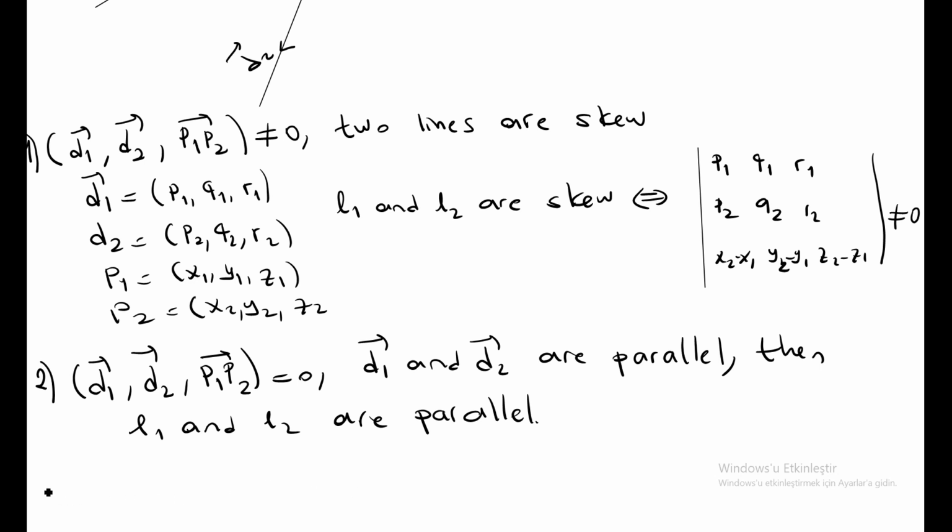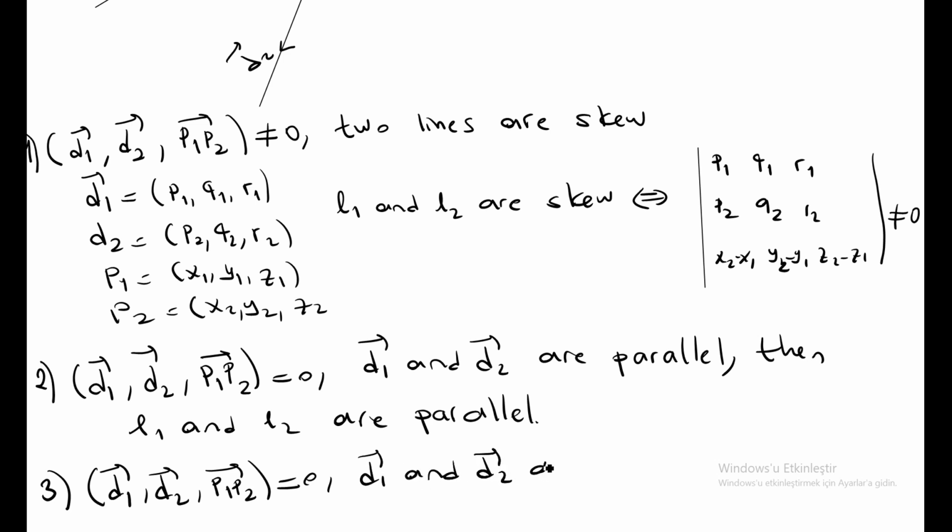So case 3, if D1, D2, and P1P2 is 0, and D1 and D2 are not parallel, then two lines, L1 and L2, intersect each other.